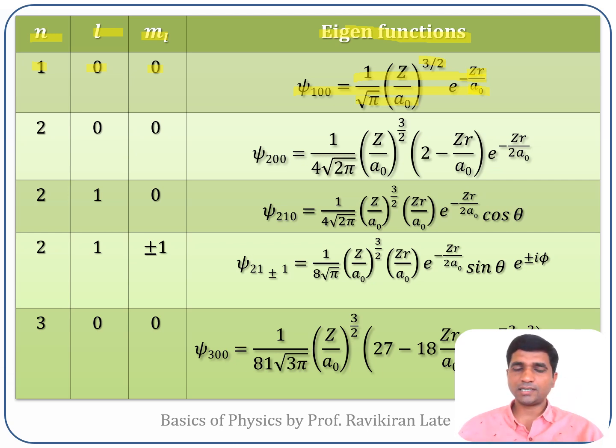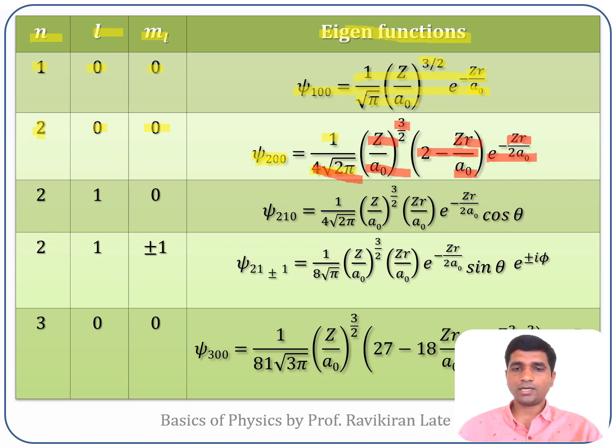The first excited state of the hydrogen atom is for n equal to 2, for which you can have L equal to 0 and ML equal to 0. Its wave function will be psi 200, which is 1 upon 4 under root 2 pi (Z upon a0) to the power 3 by 2 into (2 minus Zr upon a0) e to the power minus Zr upon 2 a0.